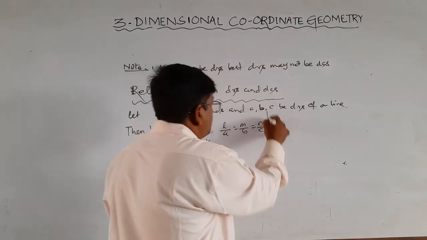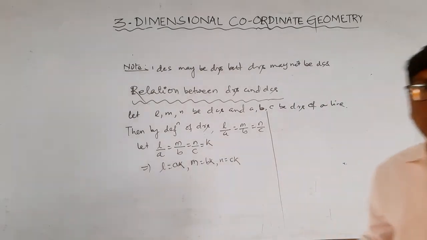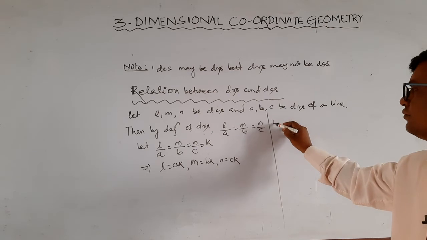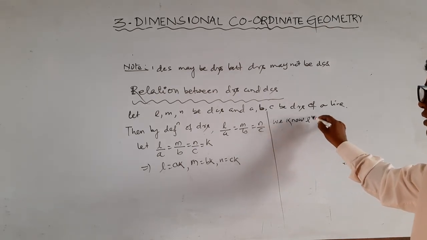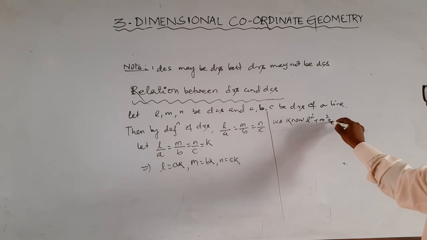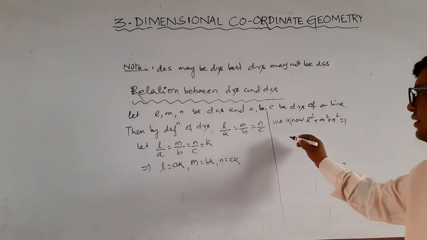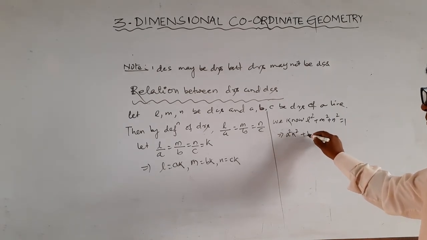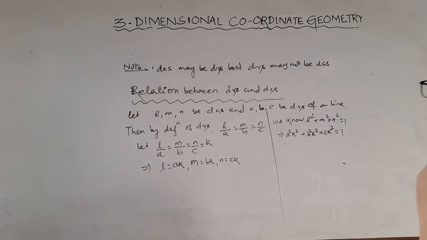Now l square plus m square plus n square is equal to what? We know l square plus m square plus n square is equal to 1. What is l here? That is ak. So a square k square, b square k square, c square k square is equal to 1.